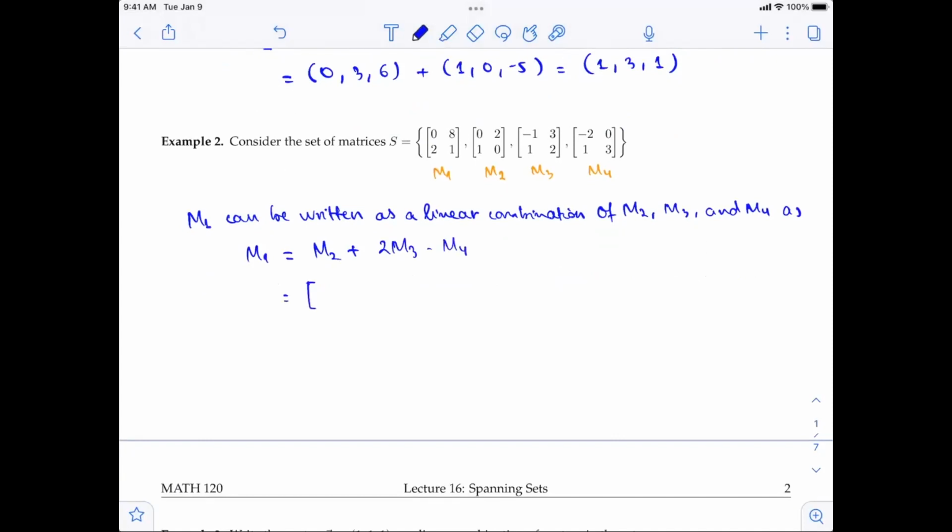A quick calculation gives us (0, 2; 1, 0) for M2 plus 2 times M3, which is (-1, 3; 1, 2), plus (-2, 0; 1, 3).